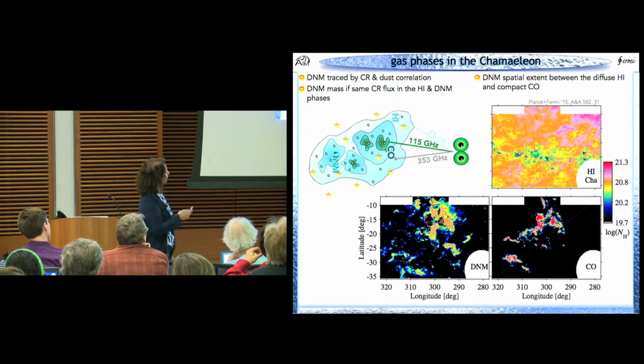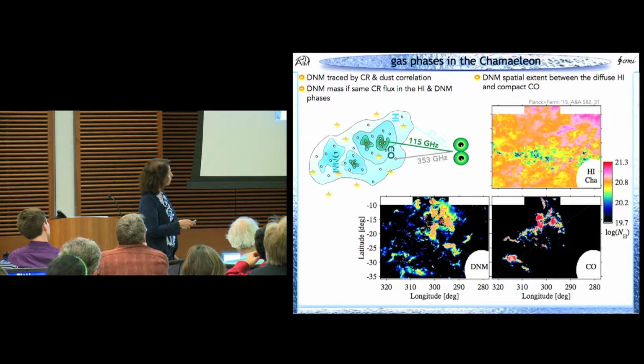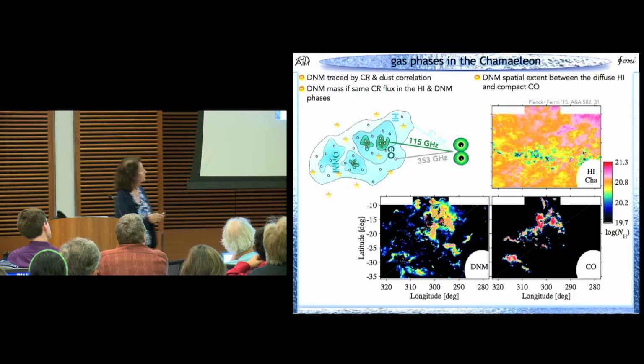So the pain is in coupling both analyses and getting rid of everything in gamma rays which is not emitted by gas. But you can do that, and here in the Chamaeleon you see the H1 map, you see the CO map, and you see all translated on the same color scale into NH column density, and the dark H1, H2 interface.